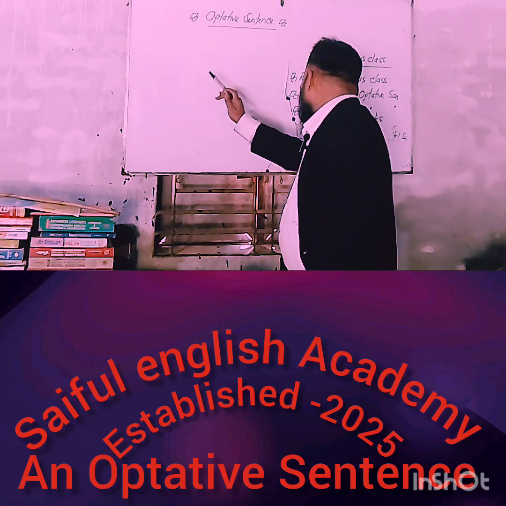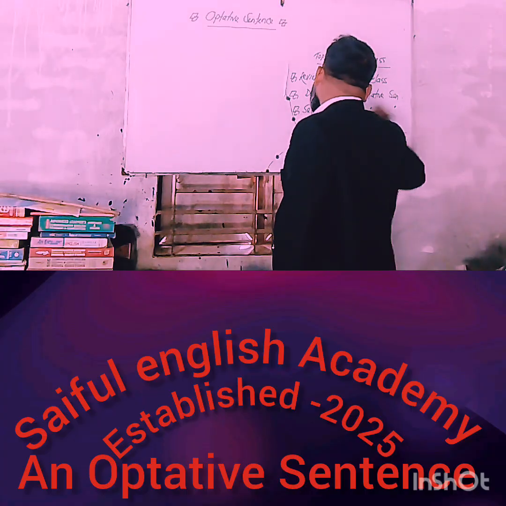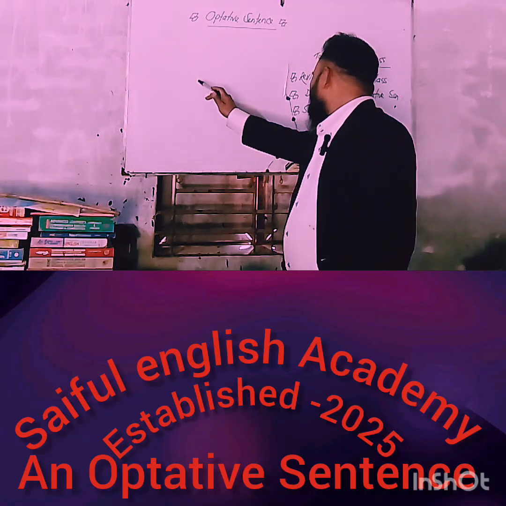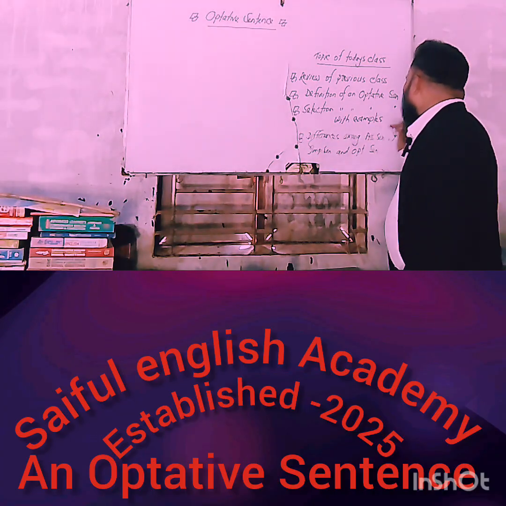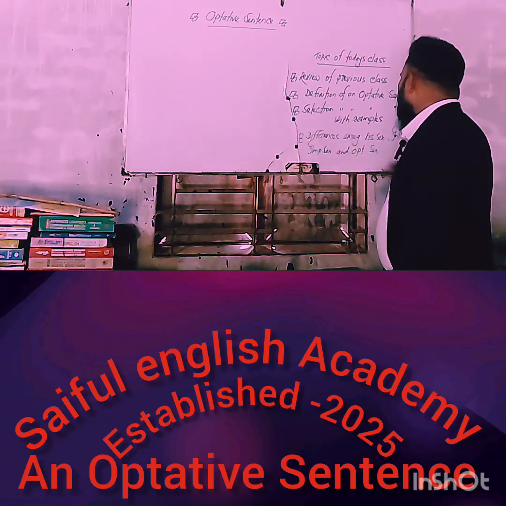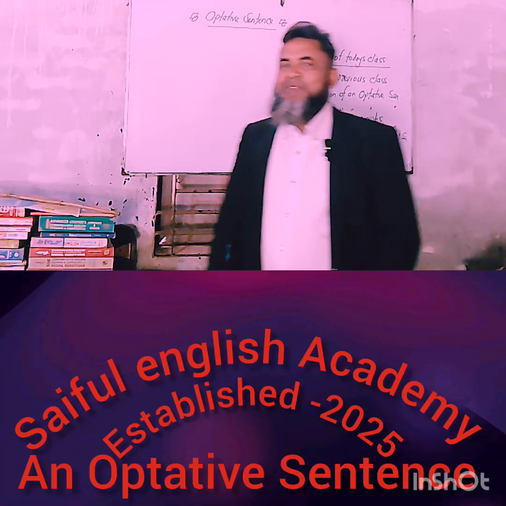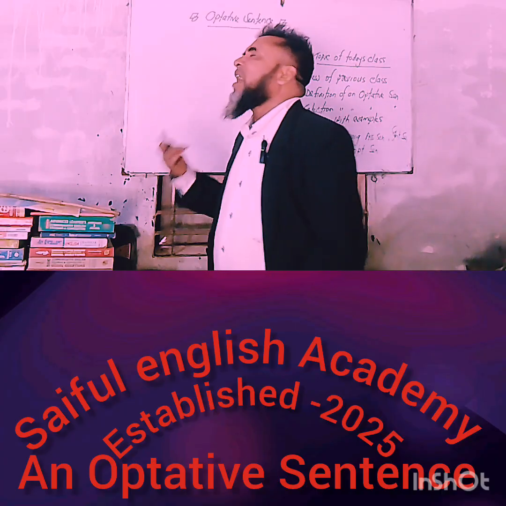Thirdly, I'm trying to show you the selection of an optative sentence with examples. And fourthly, my dear learners, I'm trying to show you the differences among assertive sentence, interrogative sentence, imperative sentence, and optative sentence. So, my dear learners, take a look at the board and try to understand.